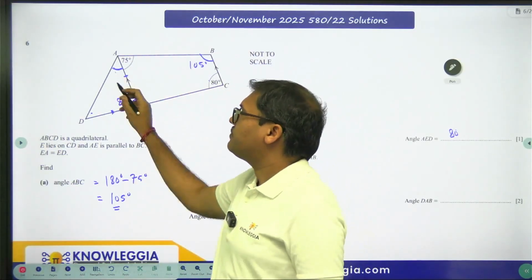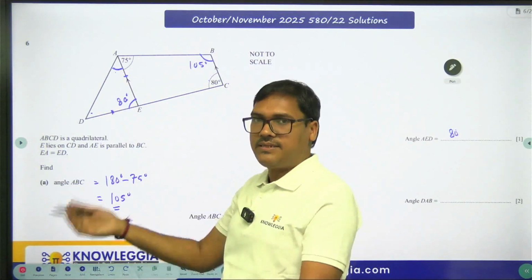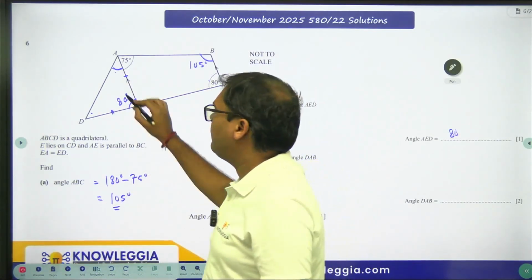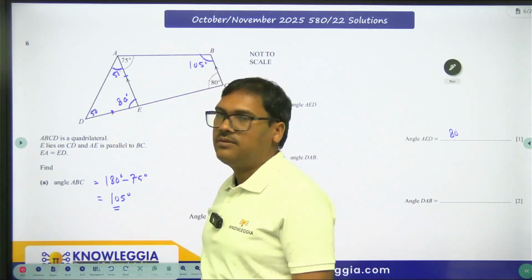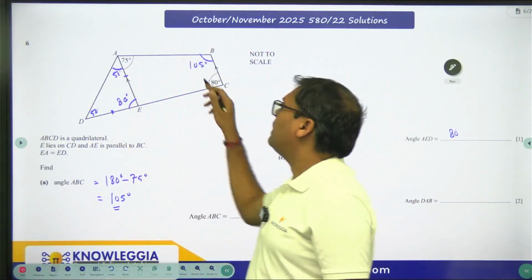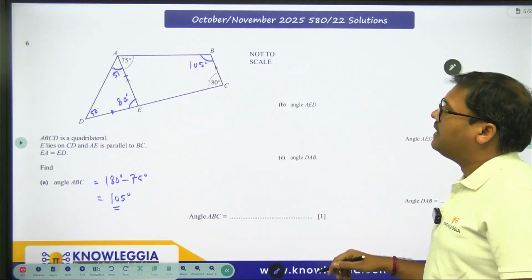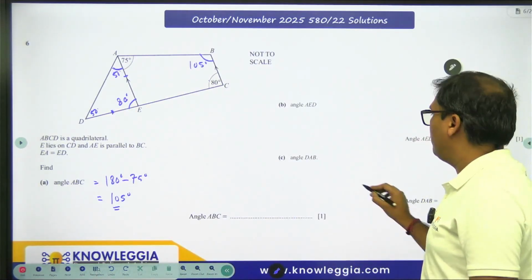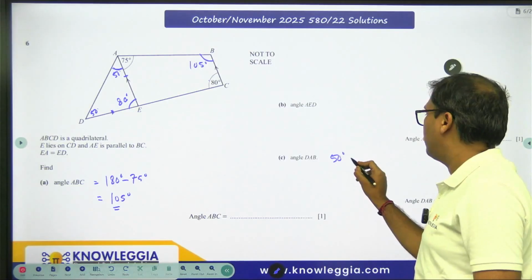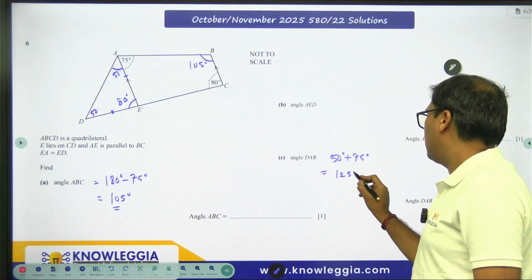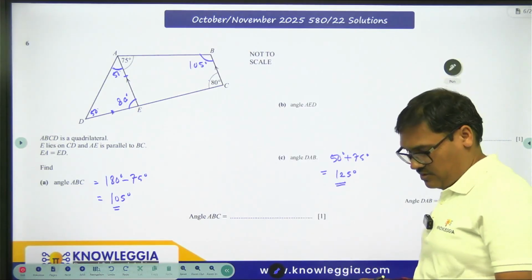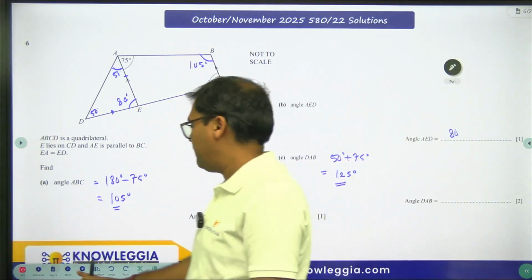Total is 180. 180 minus 80, 100. So divide by 2. So this is 50 degrees. So what is this angle? DAB will be equal to 50 degrees plus 75 degrees, which is equal to 125 degrees, which is the correct answer, 125 degrees.